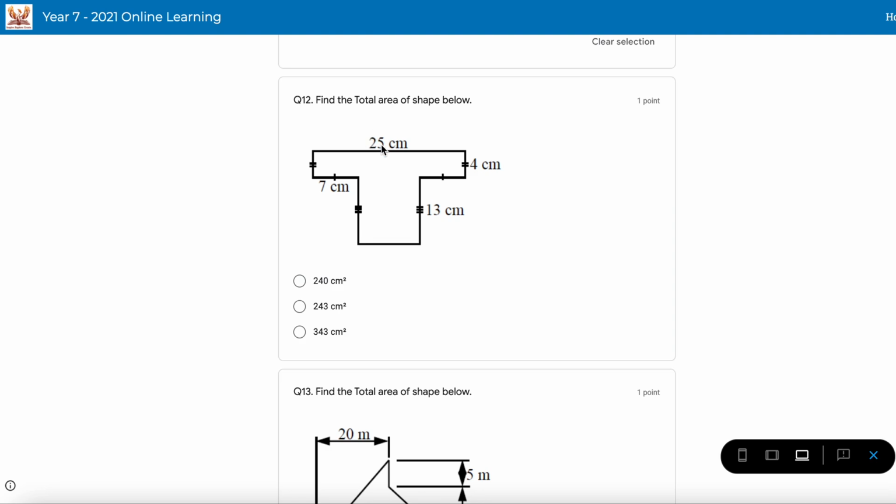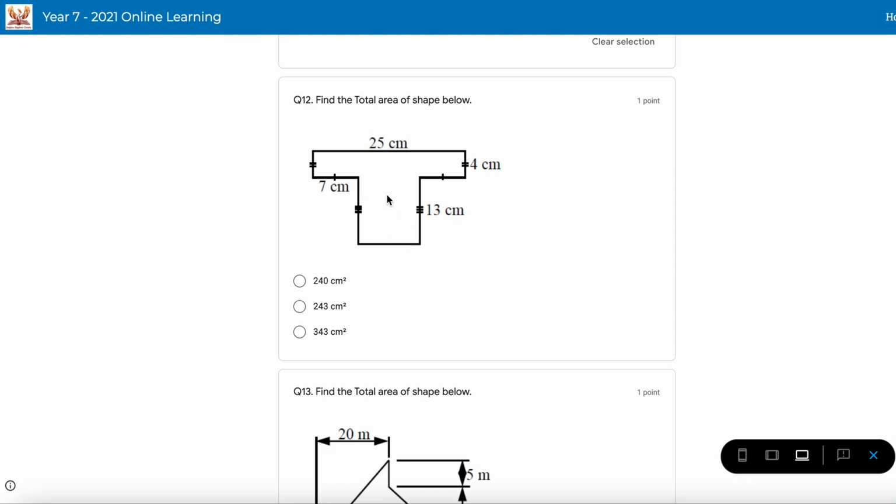So 25 minus 7 minus another 7, or 25 minus 14, gives us 11 centimeters here. So this unknown length in the middle is 11 centimeters. It has to be. And that makes sense because then we've got 7 centimeters plus 11 centimeters plus another 7 centimeters, and that should add up to 25, and it does. So we know that the length of our rectangle here is 11 centimeters.